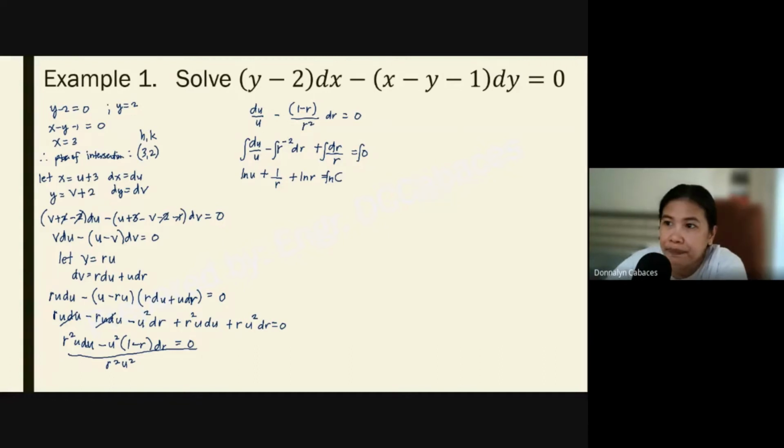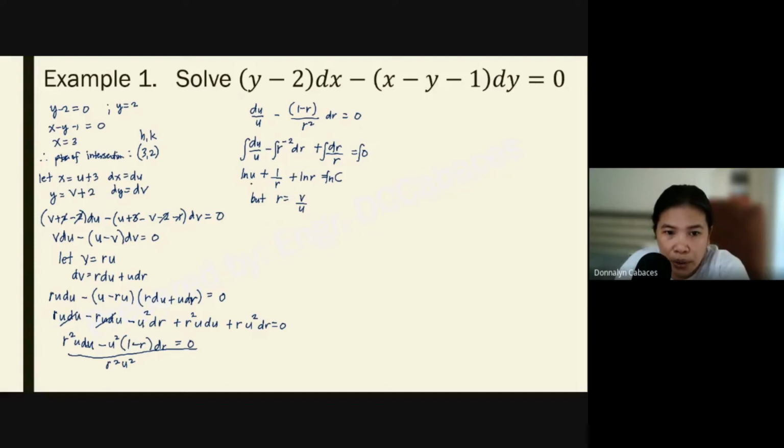Then we can now substitute our r. What is r? From here, r is v over u.